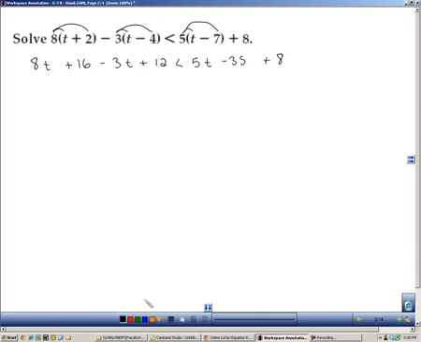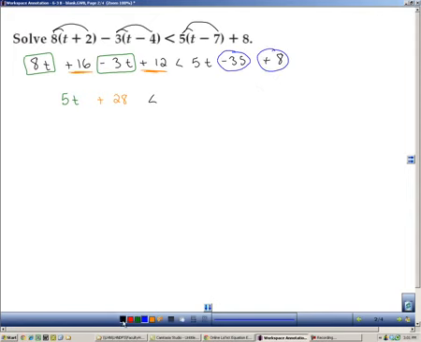So parentheses are gone. Let's collect like terms that are already on the same side. I have an 8t and a minus 3t. They're already on the same side, so just combine them. 8 minus 3 is 5t. And then I also notice that there's a plus 16 and a plus 12. Just combine them. Plus 28. And that's less than, I see a -35 and a positive 8.